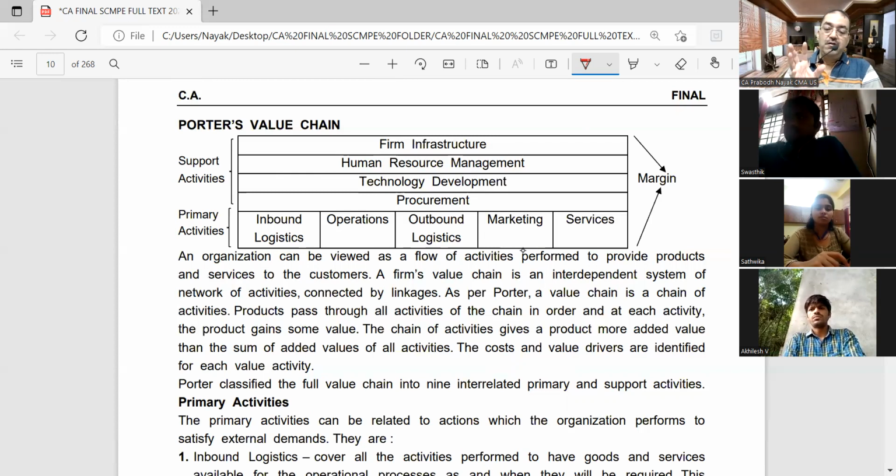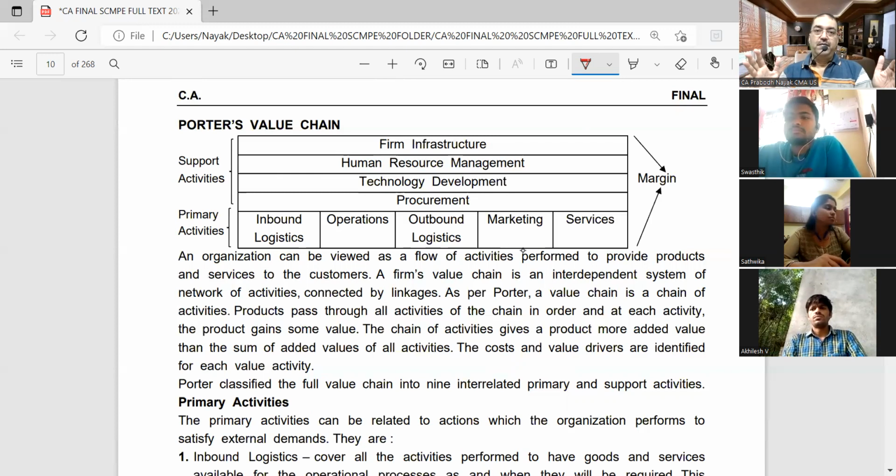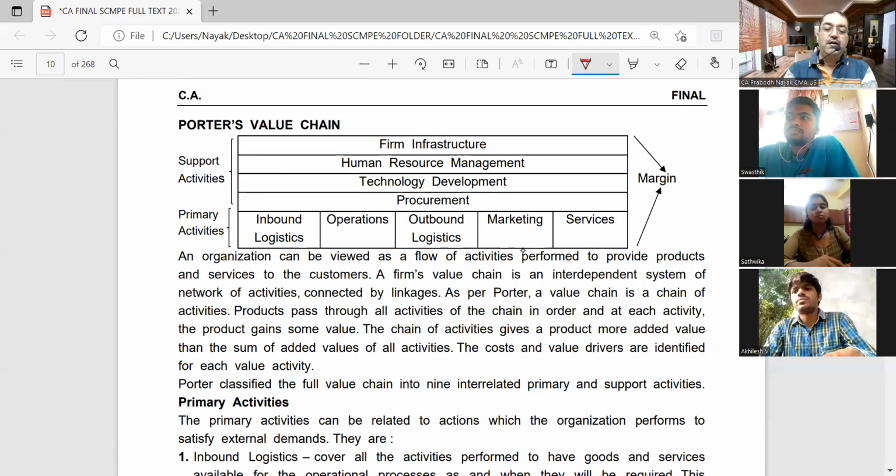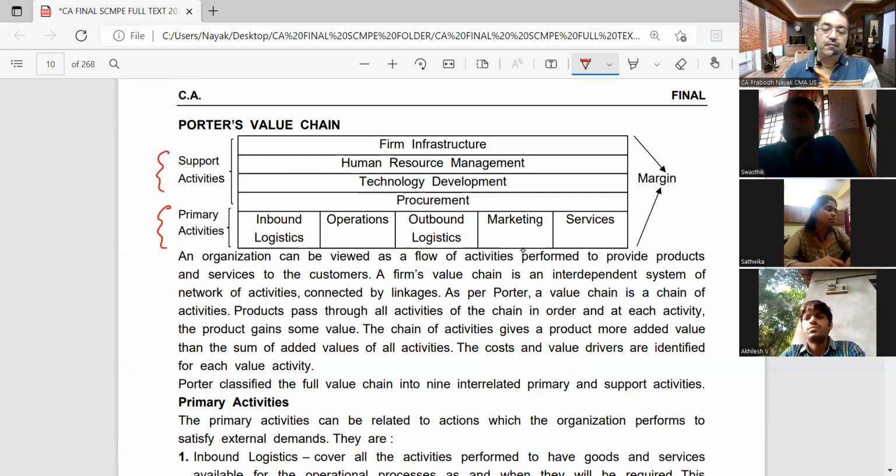Porter has done a value chain analysis of the linkage between the supplier, the company and the customer, and he has divided the activities into two parts: primary activities and support activities. Okay, so you have primary activities here and support activities here.